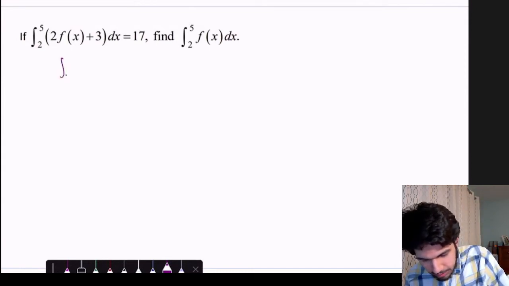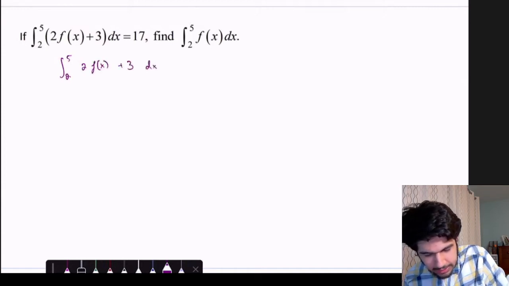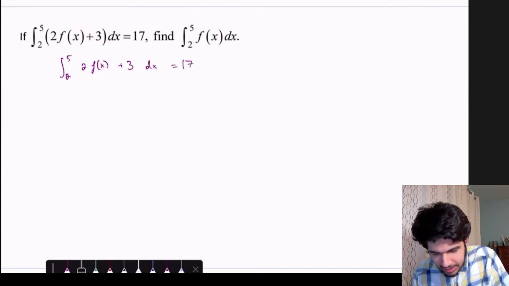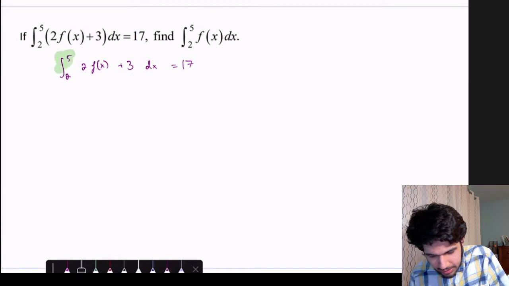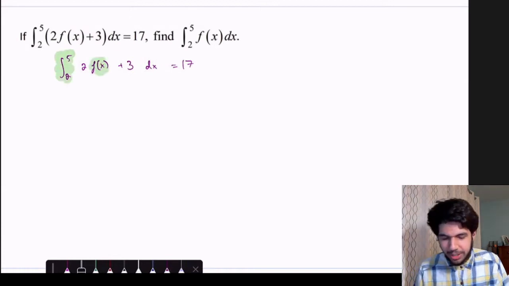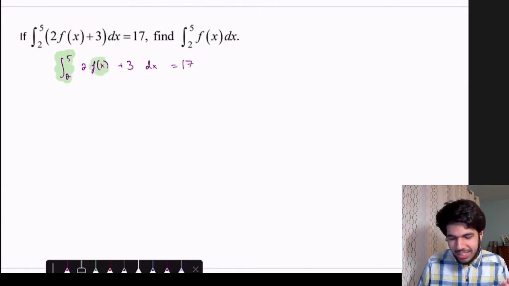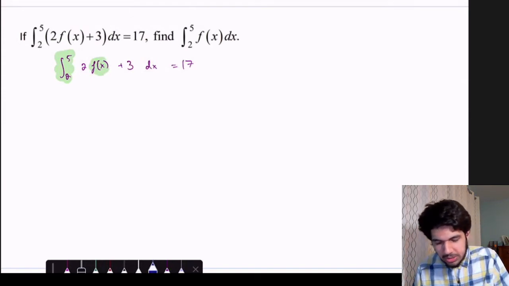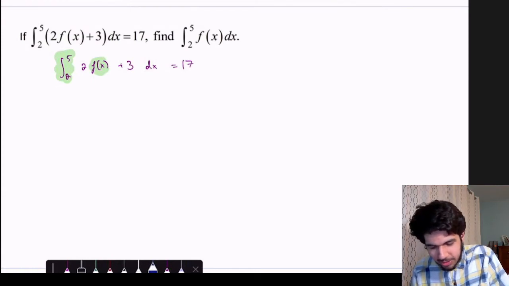So we have the integral from 2 to 5 of 2 f of x plus 3 dx, and that equals 17. And we can see, like, let me highlight it. This is sort of what we want. So we want to get rid of that 3 and that 2 somehow, and those are constants which we know are nice to deal with. So we can sort of distribute this integral to the first and second term.